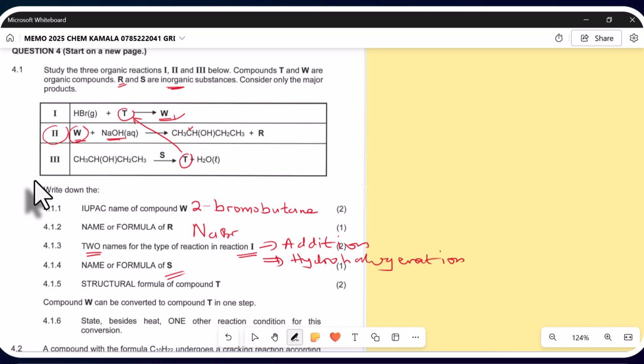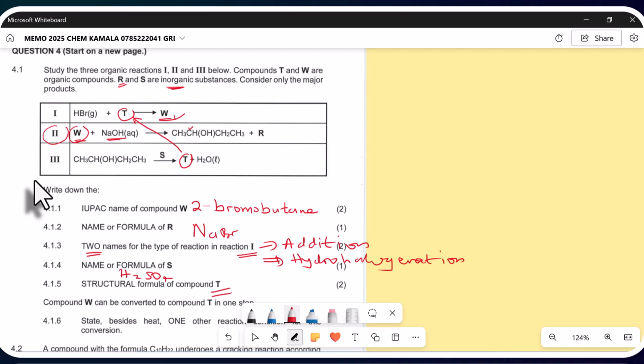So this must be the answer for compound T. They wanted the structural formula where we show all the bonds, and not the condensed formula, where we don't show all the bonds. Okay, that's what we have here.